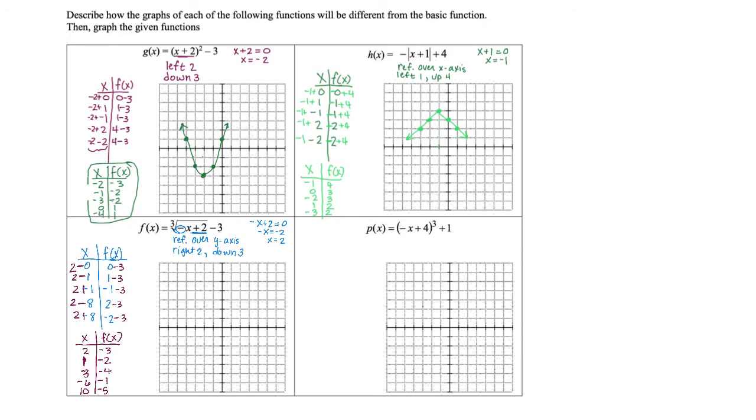So 2, -3, 1, -2, 3, -4, -6, -1, and 10, -5.